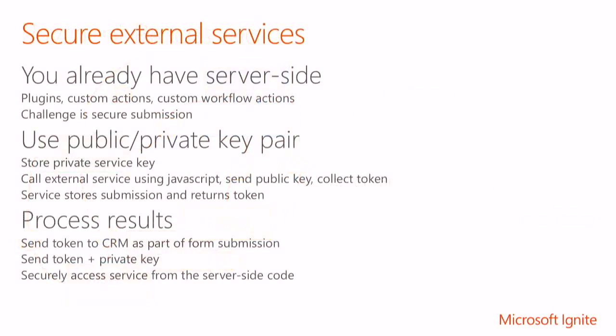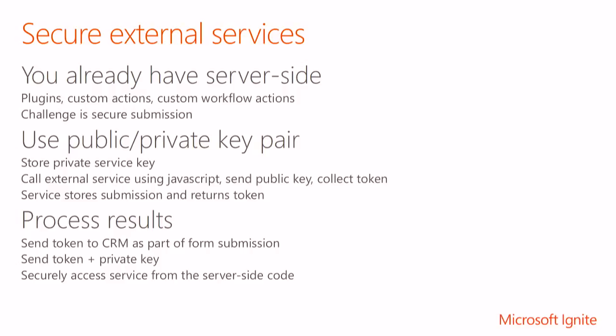Now, what do you do with the secure services? The one thing people ask for is payment. Here's how you do it. The problem with payment is that you want to submit information like card information effectively to CRM, but CRM is not PCI compliant, so you cannot, right?